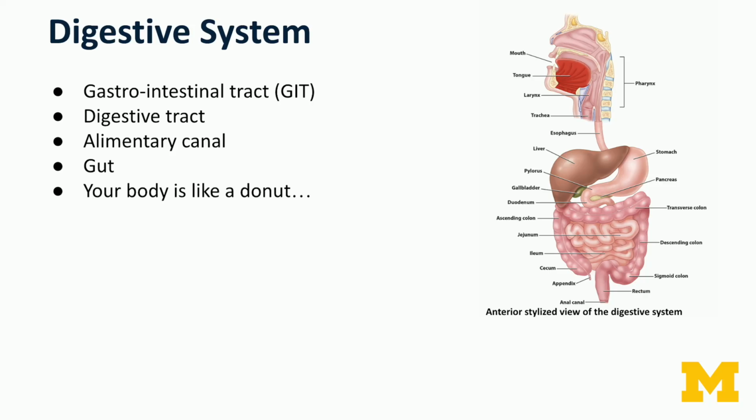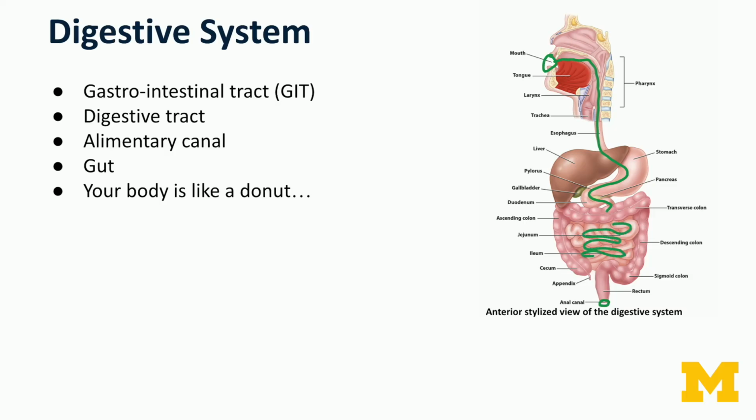I want you to consider that your body is like a donut, and the empty space through the digestive tract is that donut hole. So we can start up at the mouth and end at the anus, and everything in between is hollow.